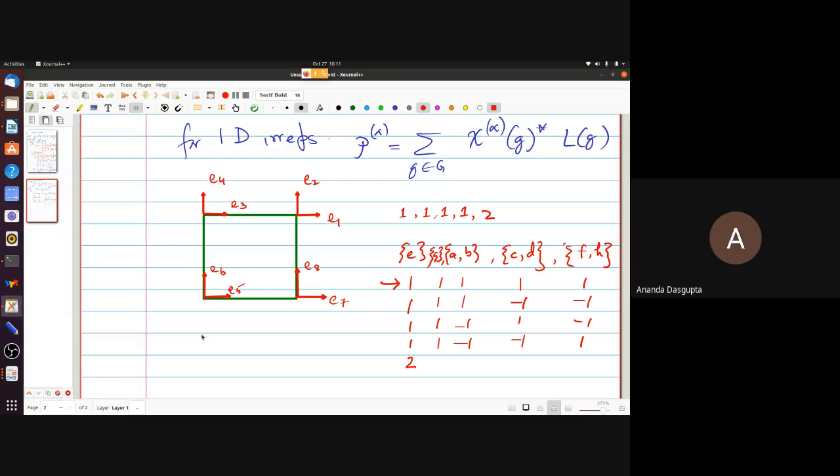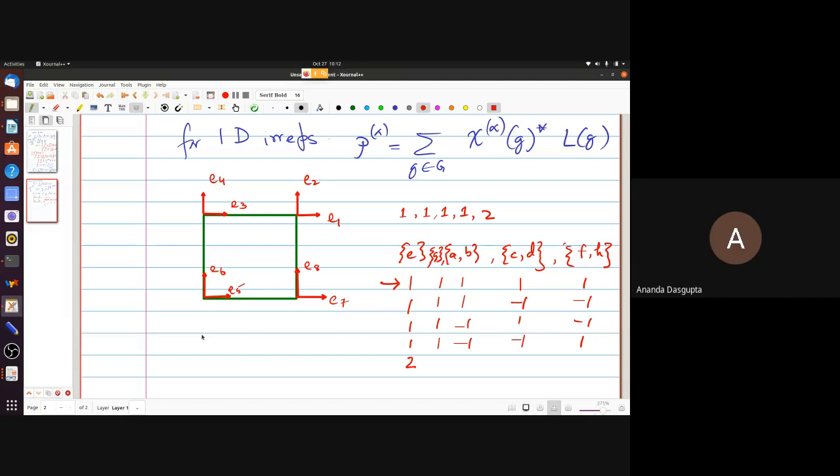And if you have multiple modes of motion in the same irrep, then they would essentially be degenerate and stuff like that. But these are going to be various kinds of normal modes that we are going to get. Now there will be 4 one-dimensional normal modes and 2 two-dimensional normal modes. Right?